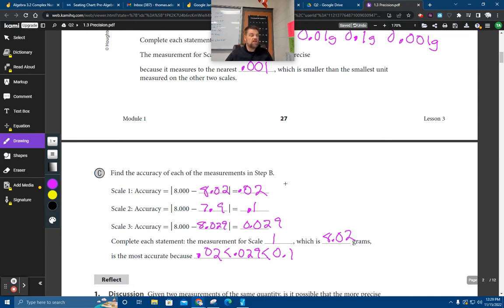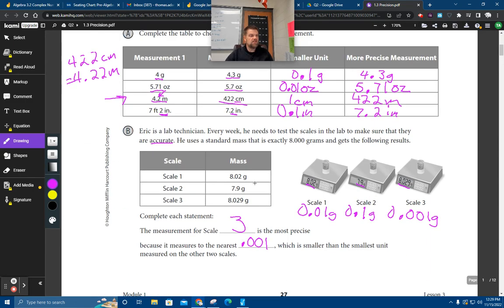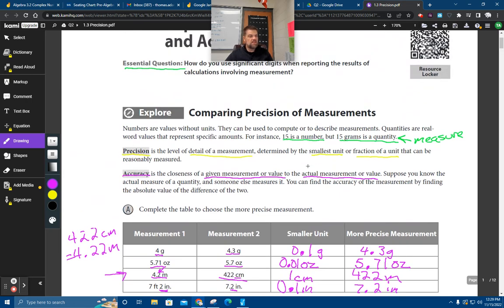So when we want to find out which one is the most accurate, this one is the most accurate because it has the lowest difference than what the scale is supposed to be. In other words, the weight that goes on there weighs 8.000 grams. And so when we weigh them on the scale, we see that there are differences. And remember, accurate means that we want the one that is closest to the actual measurement.